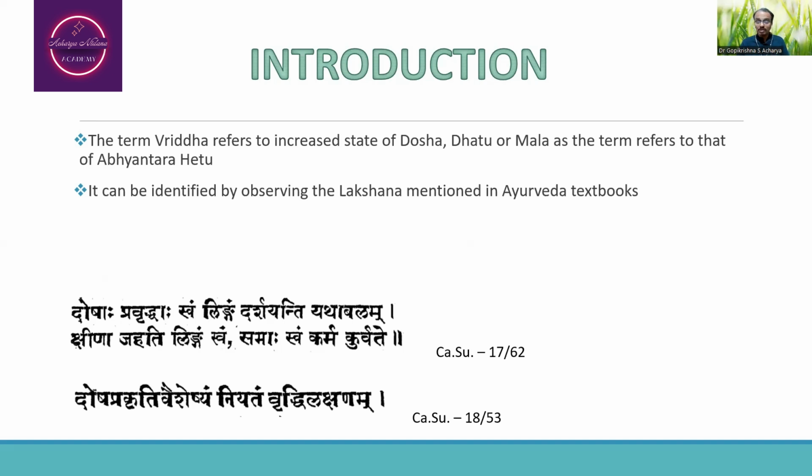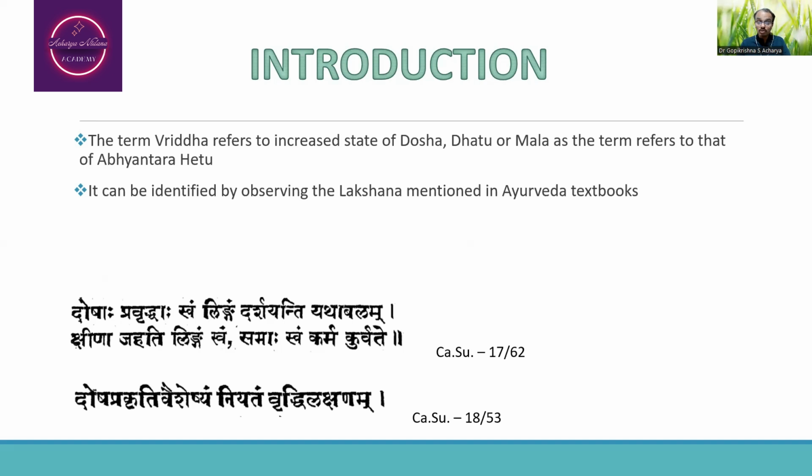Further, it is mentioned, dosha prakriti vaisheshyam niyatam vriddhi lakshanam. That means certain characteristics are mentioned for a particular dosha, and those are going to have the natural increase in the body. For example, Vata dosha has one of the qualities, ruksha.